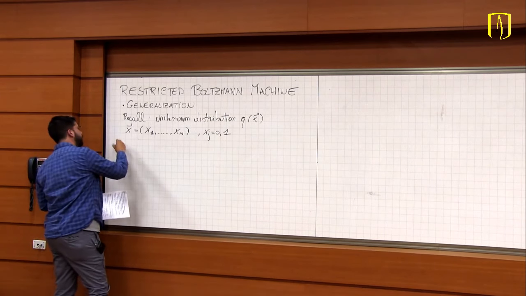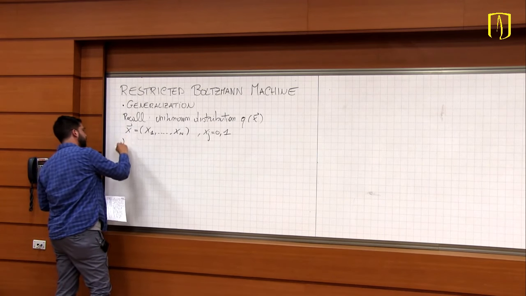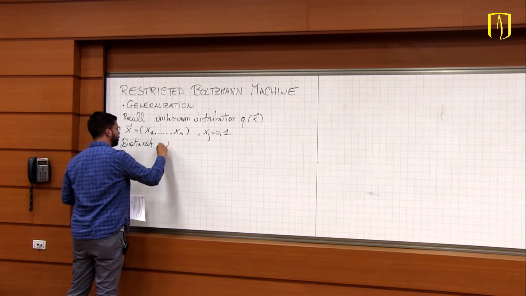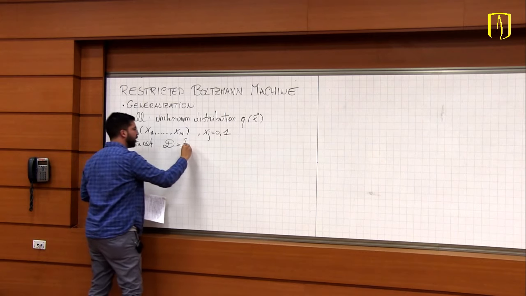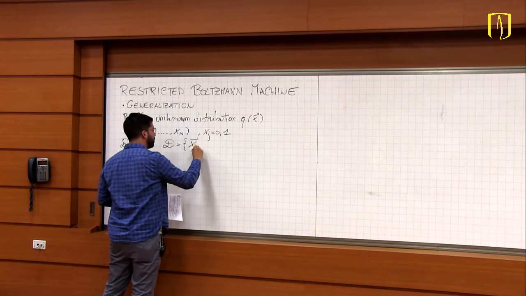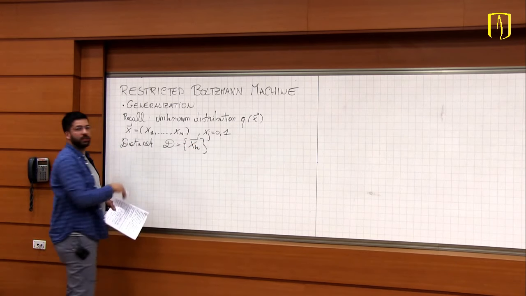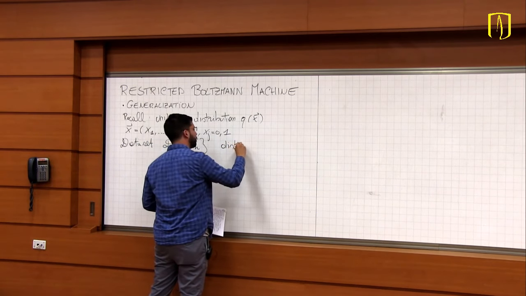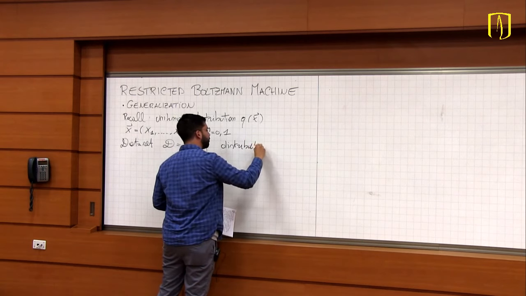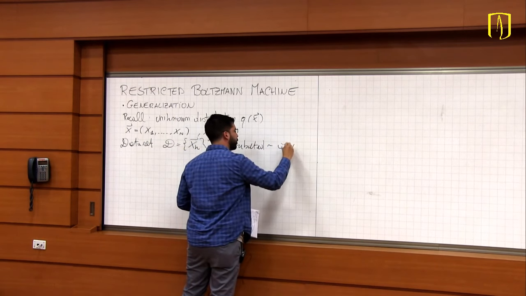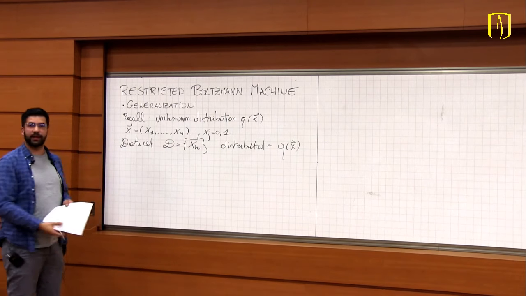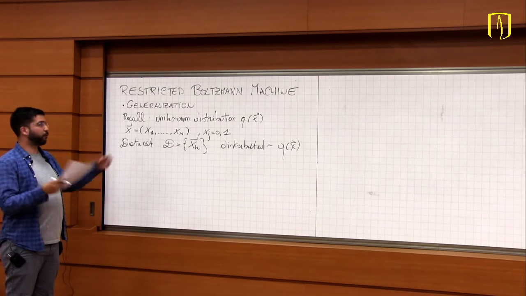And what we have is a data set D, which is just a collection of these variables, and those are distributed according to Q of X. And so the question is, can we use this data to infer the full distribution?